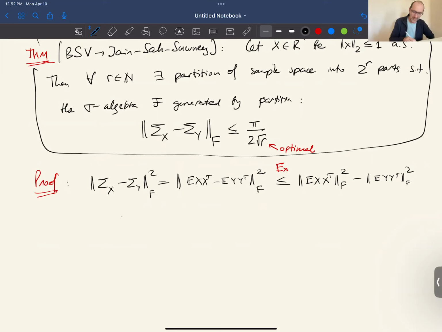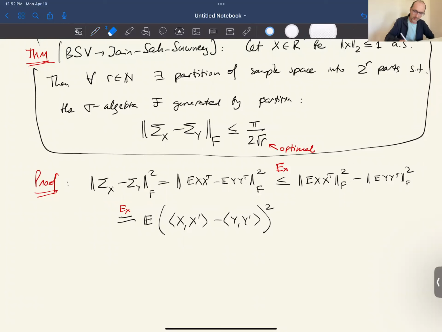Okay, and then another exercise is to show that this is equal to the quadratic error, where X prime and Y prime are independent copies of X and Y respectively. Done.